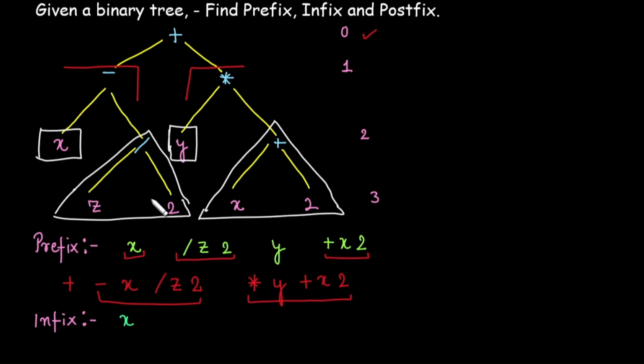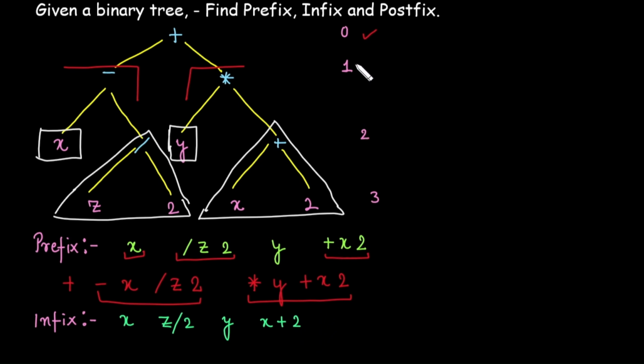For the second subtree, the left child is z, the root is divide, and the right child is 2. For the next subtree, there exists no left as well as right child, so we can take the root directly. For the next subtree, first take the left child, that is x, the root is plus, and the right child is 2.